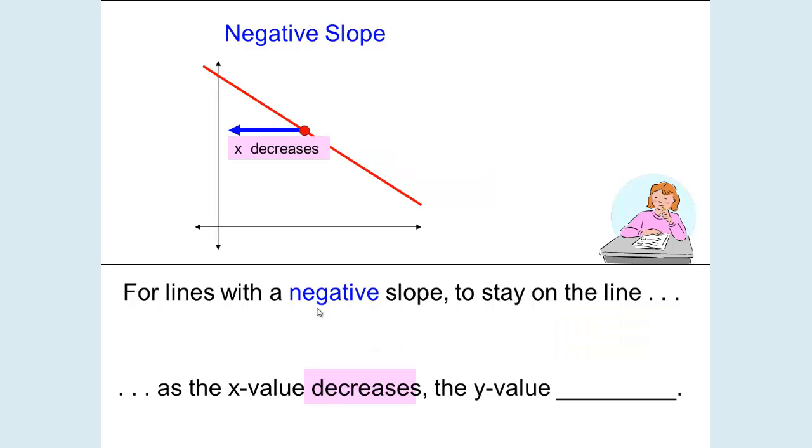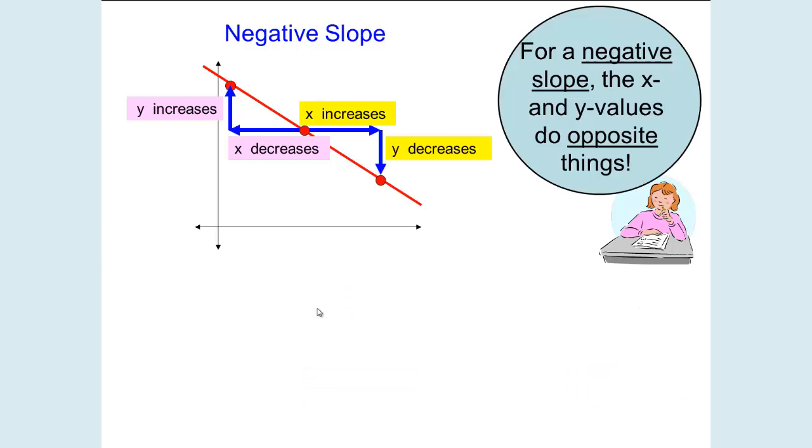And as the x value decreases, as the x value gets smaller, then the y value is getting larger. It's increasing. So we have the x increases, the y decreases. The x decreases, the y increases.